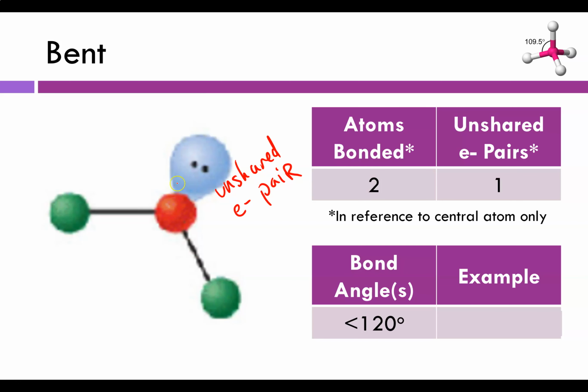That unshared pair of electrons takes up a lot of space, and it forces those bonded pairs to move a little bit closer together. So maybe you see something more like 117, 118 degrees. O3 is a good example of this. Ozone, we drew it in the previous lesson, and it takes on this structure: central atom, one unshared pair of electrons, two bonded atoms.